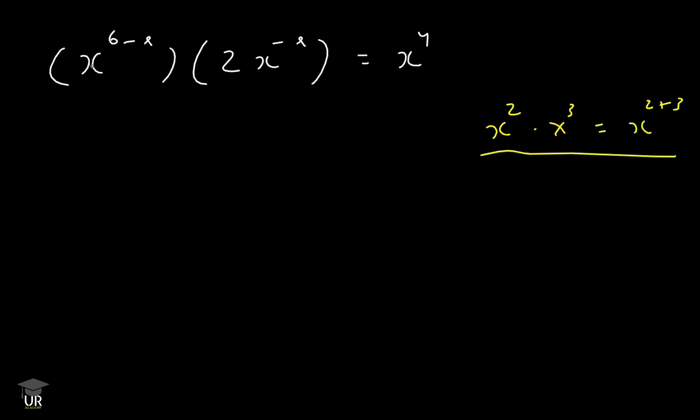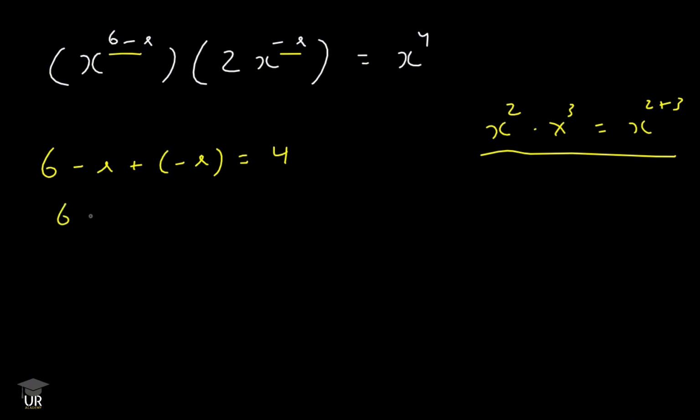Here you can see that the power of x is 6 minus r and the power of x here is minus r. So we will do 6 minus r plus again minus r, and we will equate it with the power on the other side, that is 4.